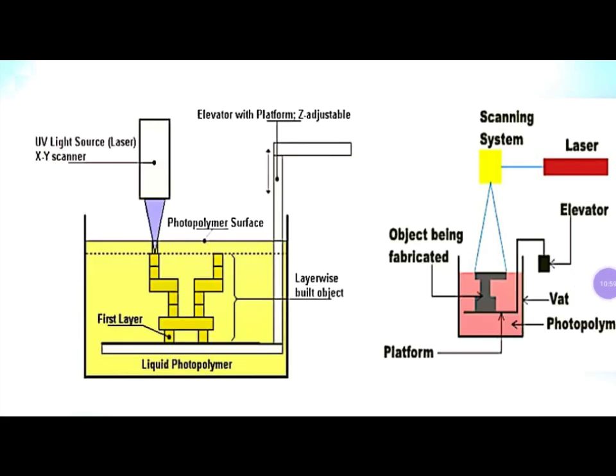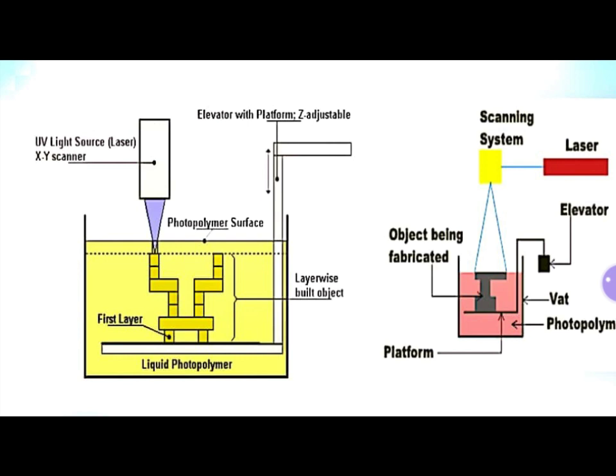This technique requires a vat, that is a large container, in order to store the photopolymer resin, and it requires a platform that can be moved in the Z direction.